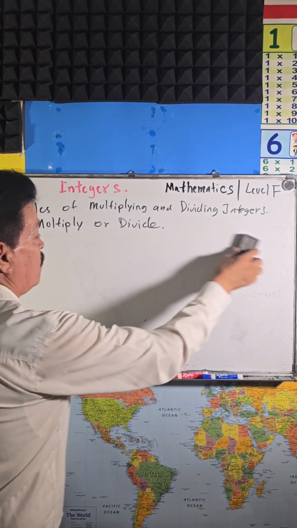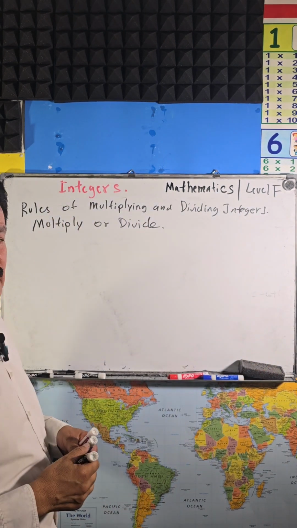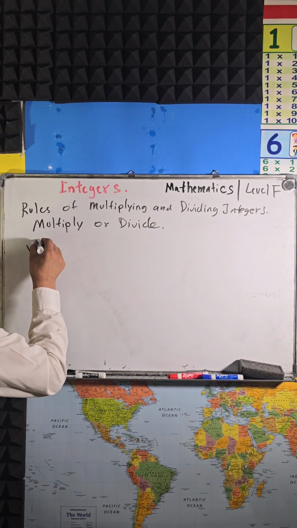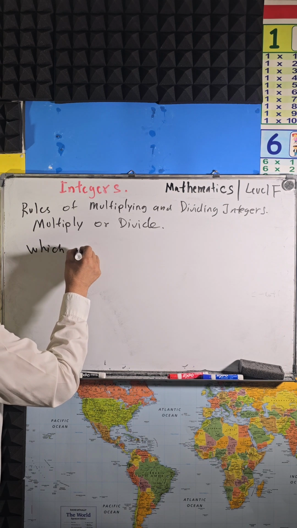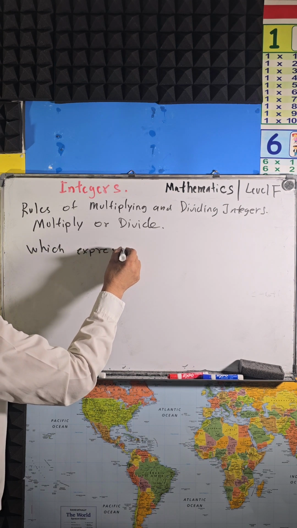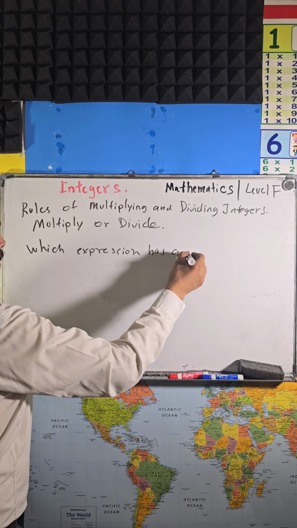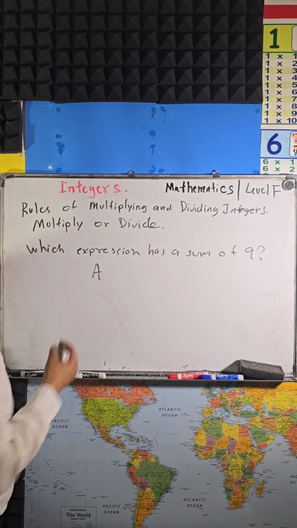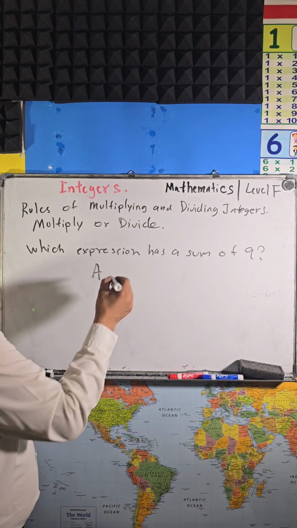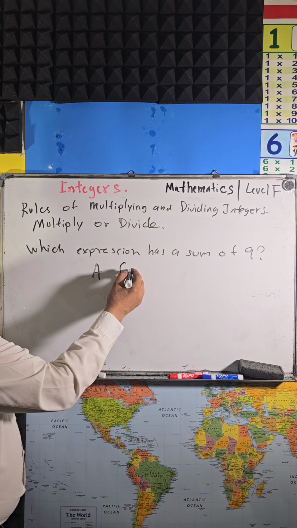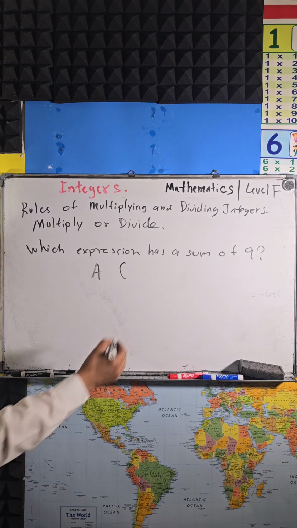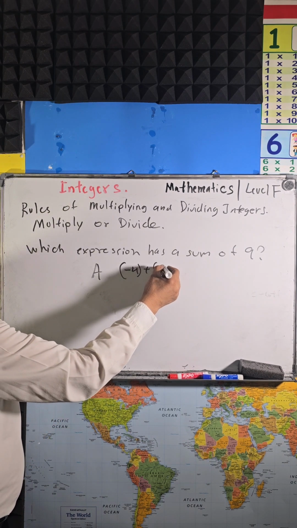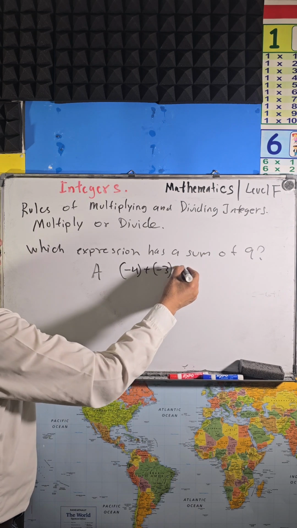One more. Let me write down another question, like, which expression has a sum of 9? And then let me write the four answers. We have the first one, negative 4 plus negative 3 plus 2.